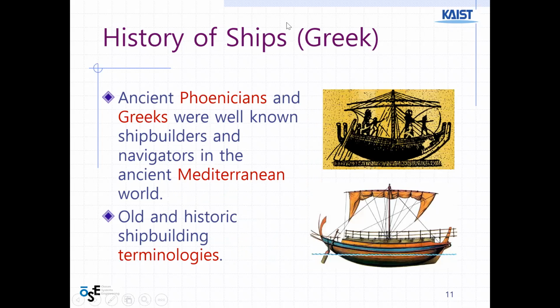And then in the Greek times, the Phoenicians and Greeks were good shipbuilders and also operators, navigators in the Mediterranean Sea. So all the historic shipbuilding terminology comes from those years of Greek and Roman times.